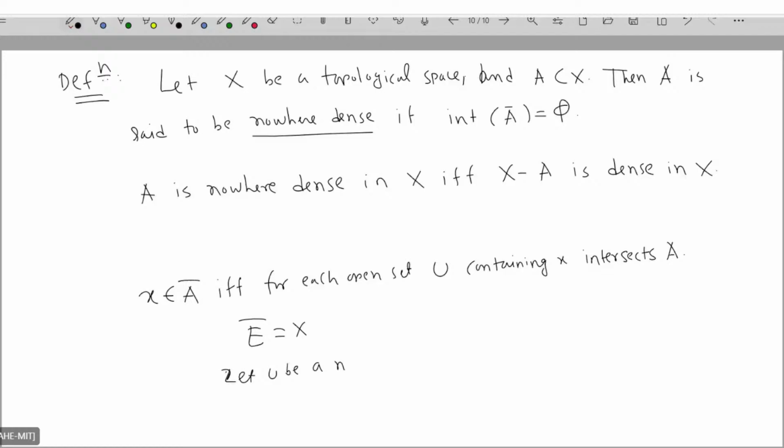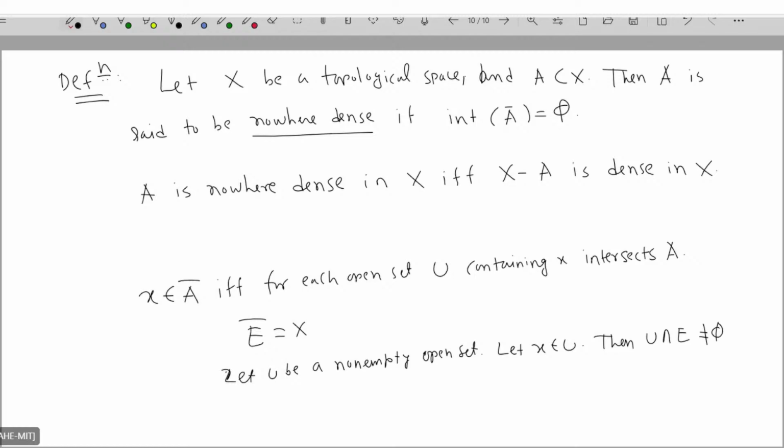Let x belong to U. Now x belongs to U means x belongs to E closure, and because x belongs to E closure, U will intersect E. So if you want to check whether a set is dense or not, you have to check whether it intersects every open set or not. Whatever open set you have, if it intersects that set, then the set is dense in the whole space.